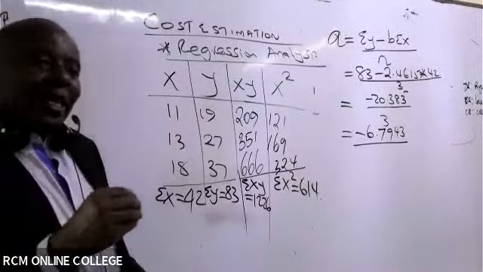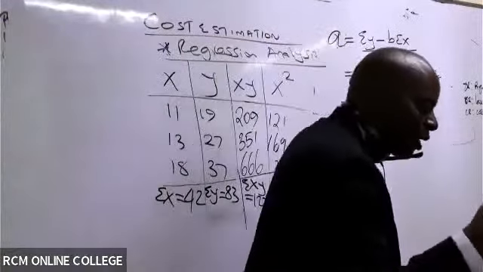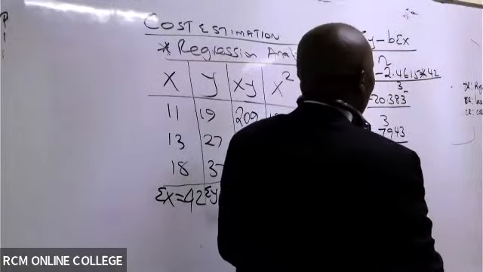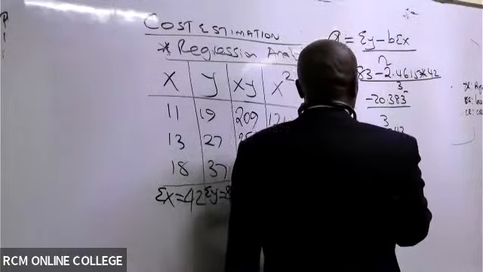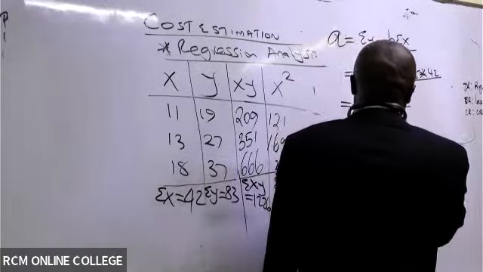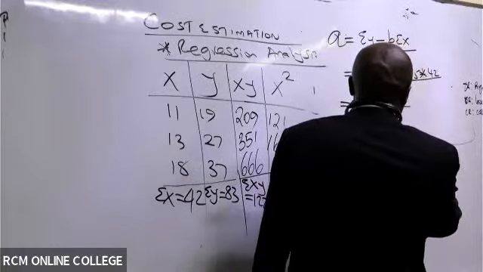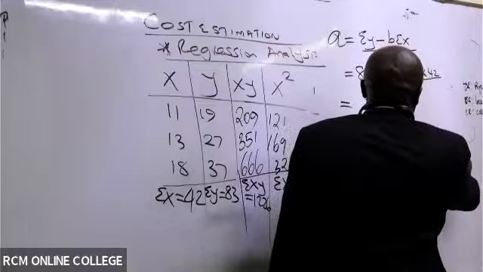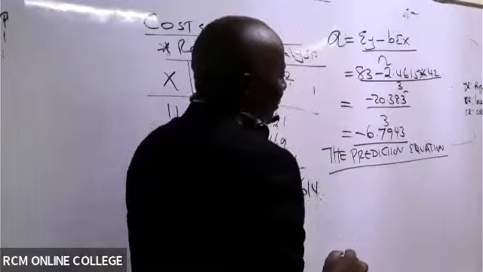Do we stop here after getting the values of A and B? No. It can only end where you give the prediction equation. To demonstrate broad and deep understanding of the subject, you simply write for the examiner the prediction equation. It's good to scare examiners.